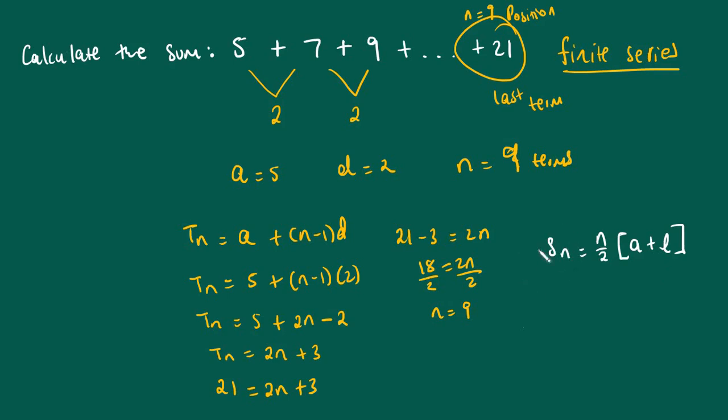Perfect. But it is the sum of how many terms that we're looking for? Sum of 9 terms, which would be 9 over 2, and then a will be the first term, which is 5, while l will be the last term, which is 21. Great. So if you are given the last term, you can just simply put it.